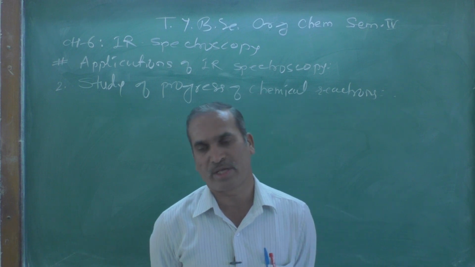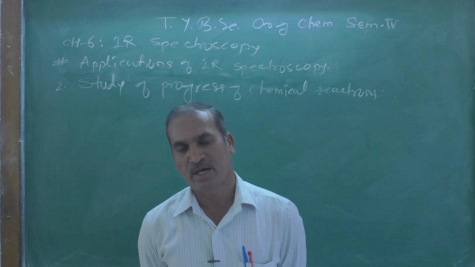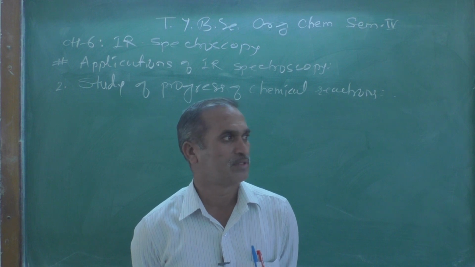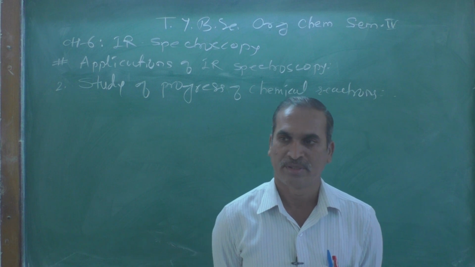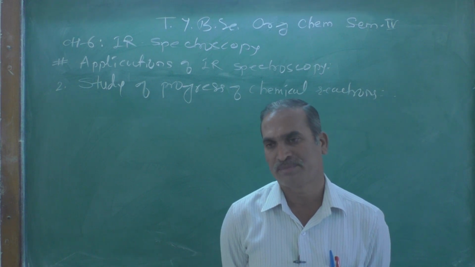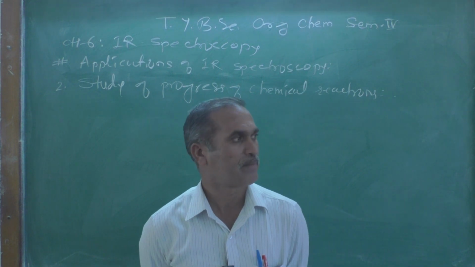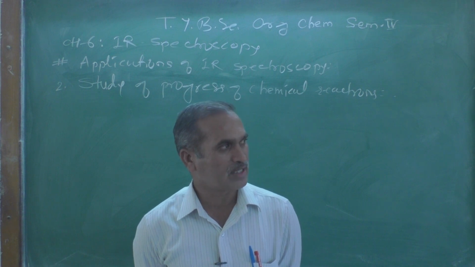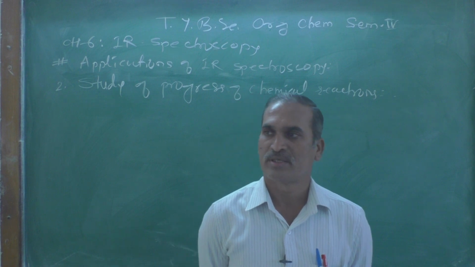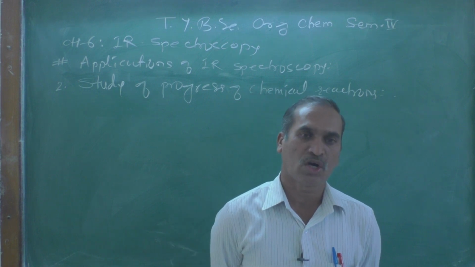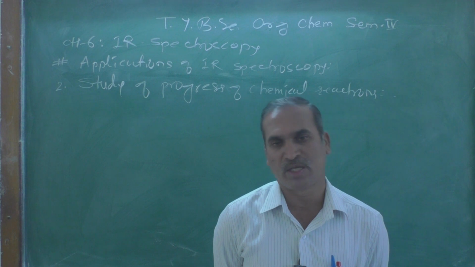Intermolecular hydrogen bonding means the hydrogen bonding takes place between two molecules, may be same or different. And the second one is intramolecular hydrogen bonding, which means the hydrogen bonding occurs within the molecule.